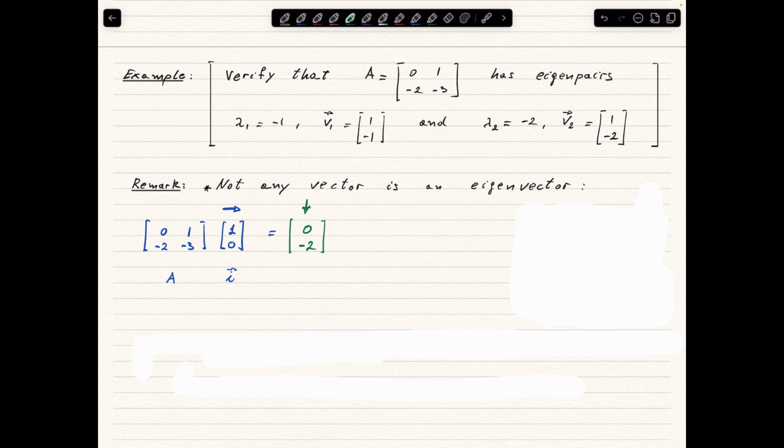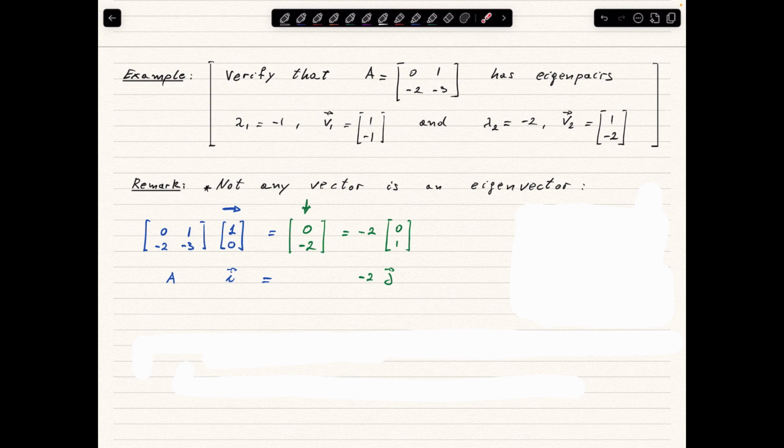It's 0 horizontal, negative 2 vertical. So we can write it as negative 2 times the vector 0, 1. In other words, this is negative 2 times the vector j. This is how that vector is called by physicists. So this is what we get here.